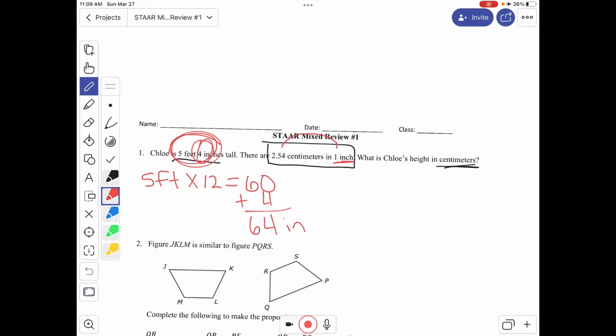To change 1 to 2.54, we would need to multiply by 2.54. So I need to multiply that times Chloe's height to find the answer.